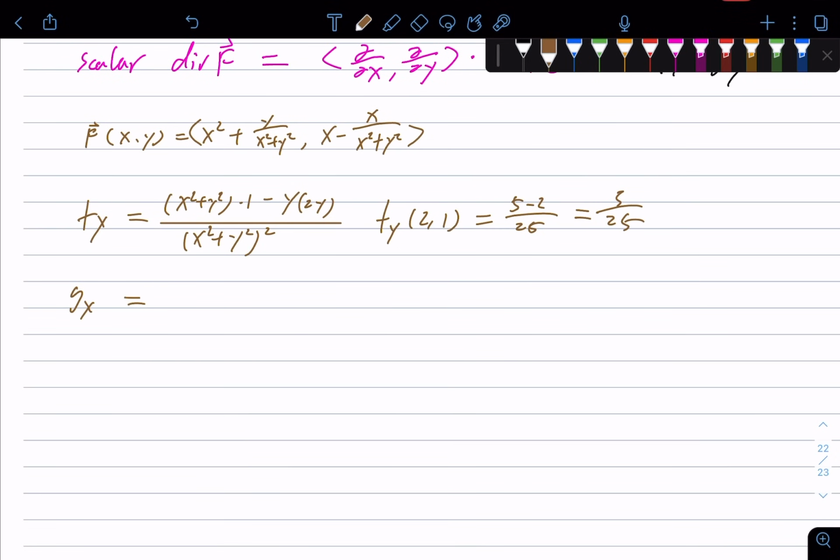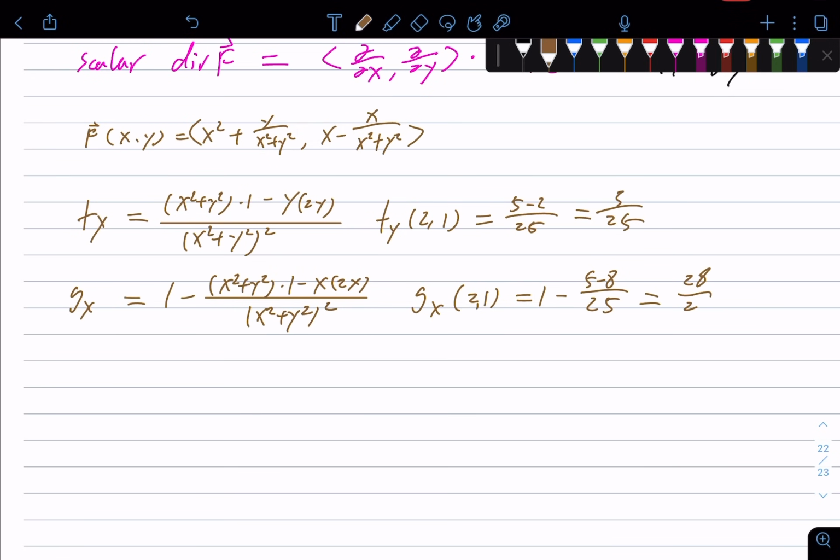Gx equals 1 minus x squared plus y squared times 1 minus x times 2x, over x squared plus y squared squared. Okay, and then Gx at (2, 1) equals 1 minus 5 times 5 minus 8 over 25. That will give you 28 over 25.